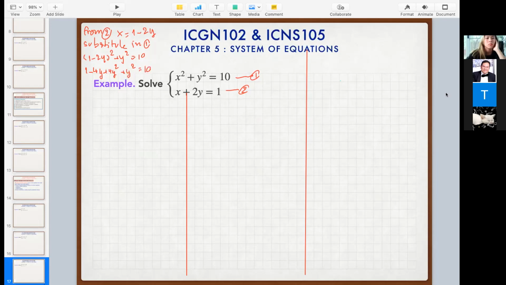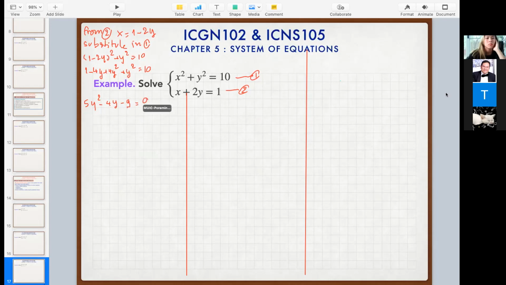Then I get 5y squared minus 4y minus y minus 9 equals 0.